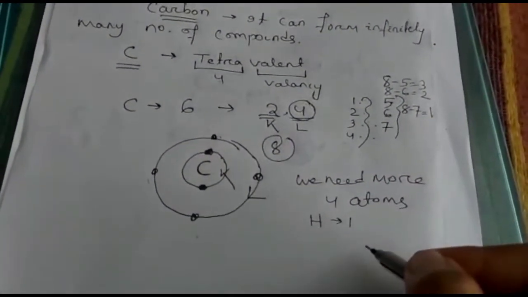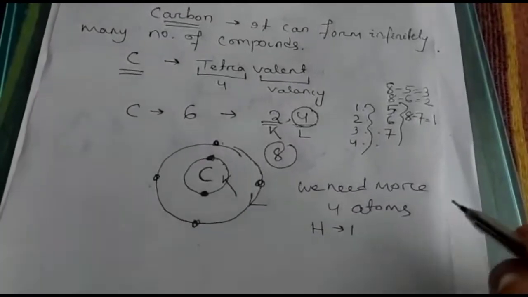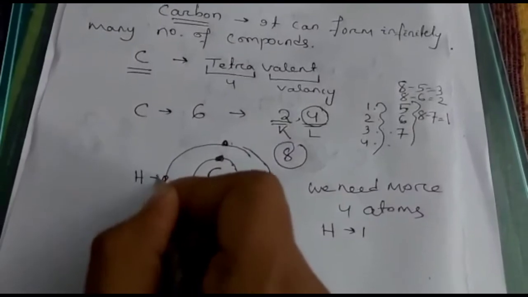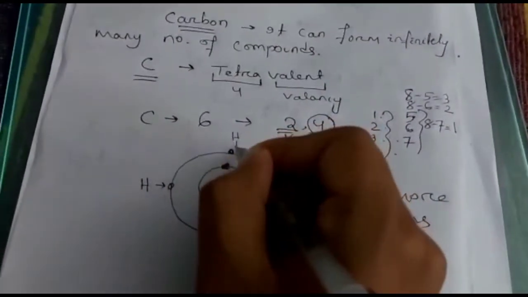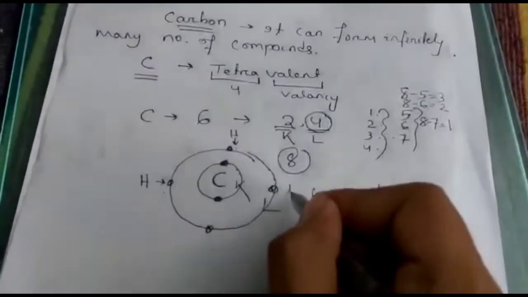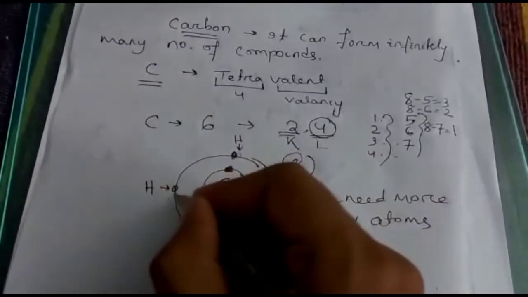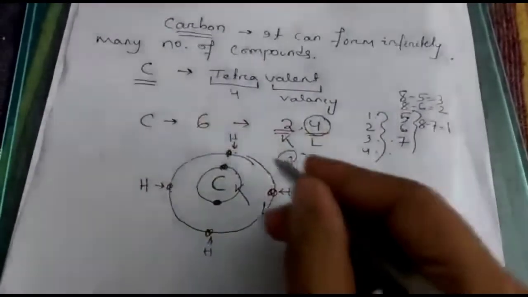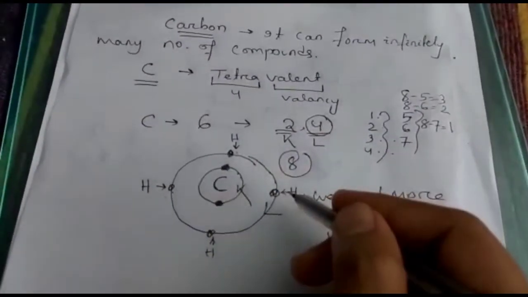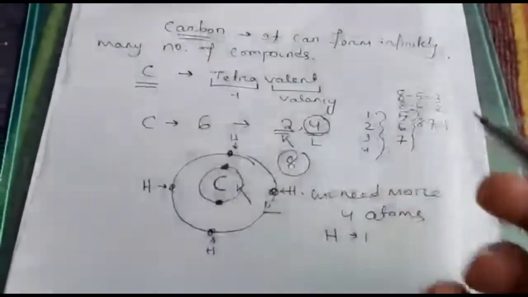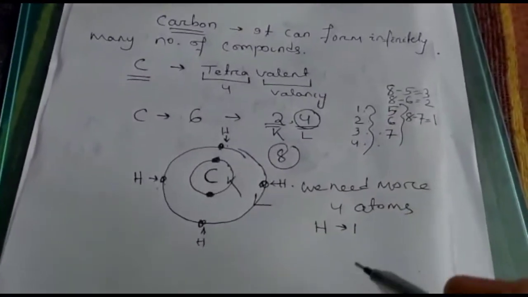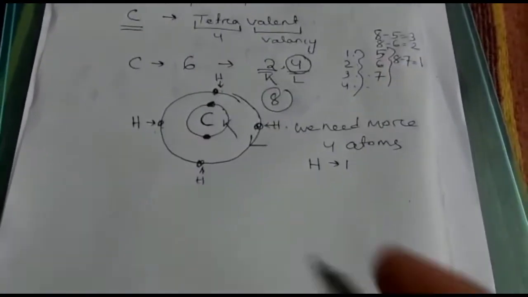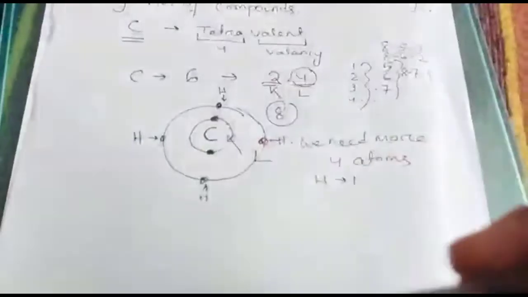It has only 1 electron and 1 proton. So in each valency, I can add 1 hydrogen. Here also 1, here also 1, here also 1, and here also 1. See, now the octet is filled. Octet means the last cell has 8 electrons filled. This is known as the filling of octet. Therefore it is called tetravalency.